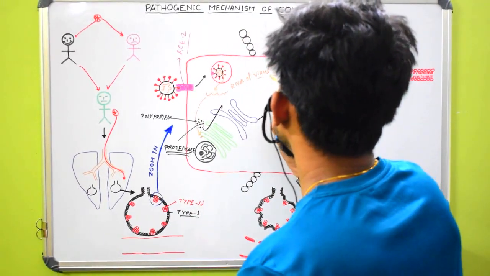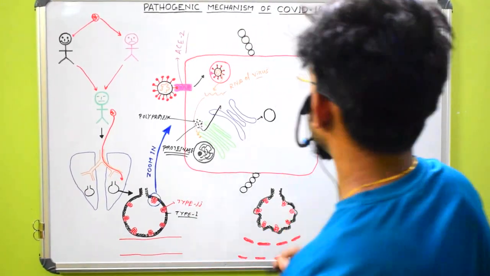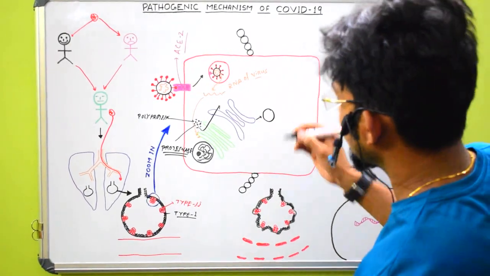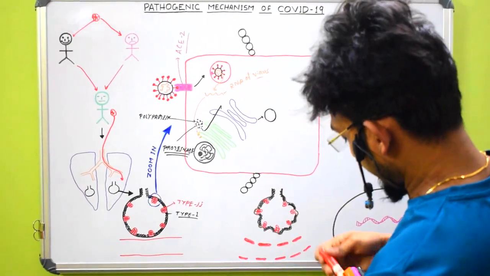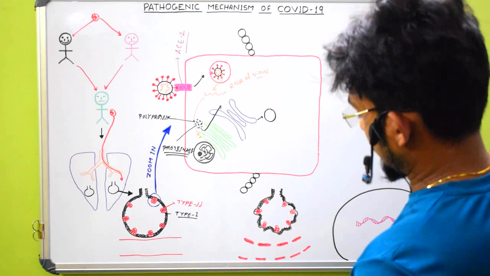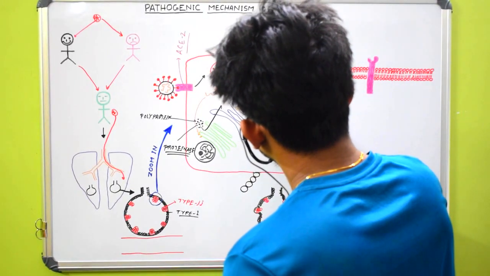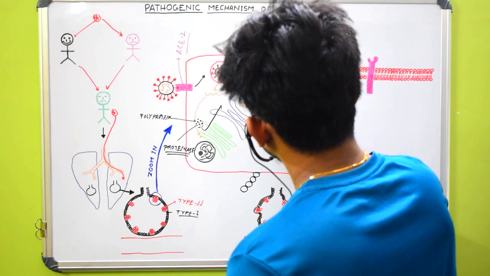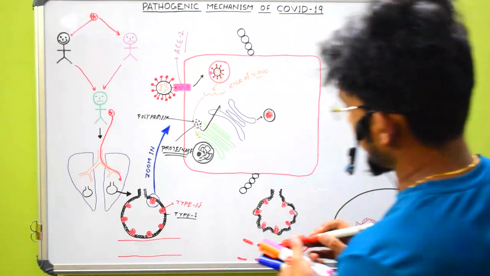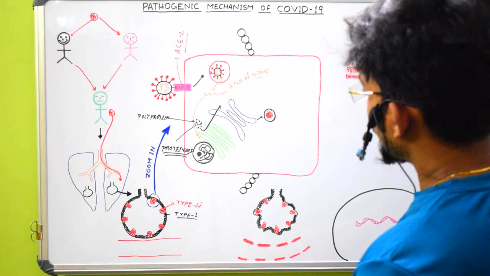Let's say this is the vesicle that is produced from the Golgi bodies, and inside it the virus is present. This is the virus.